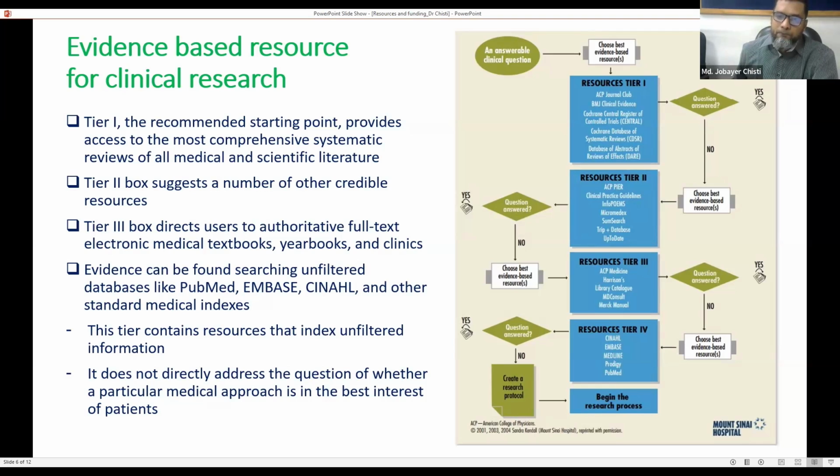And what we practically see is that if we don't get the answer to a gray area, then we try to amalgamate the literature of all these 4 tiers in the introduction. These are the points that we searched, and we think that these are the gray areas that we need to address.